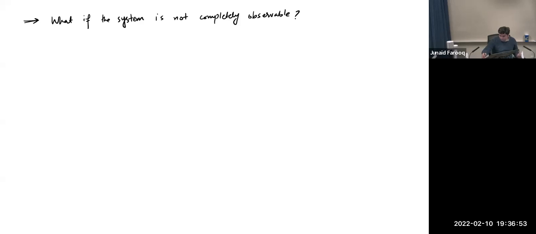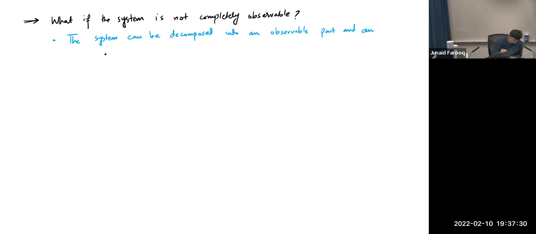So intuitively, from our previous experience, we would like to see that the system can be decomposed into an observable part and an unobservable part, using some sort of similarity transform.